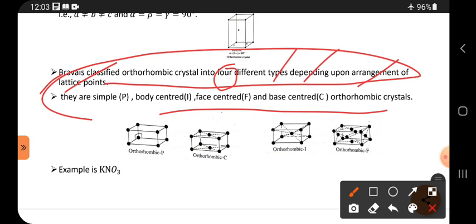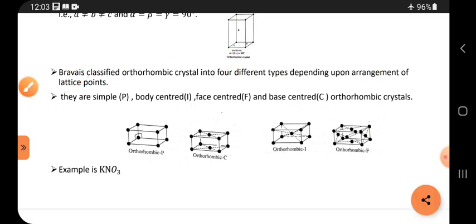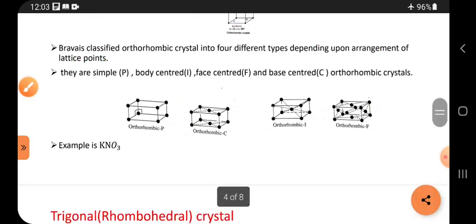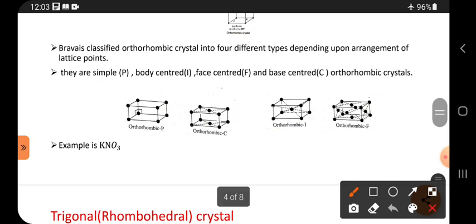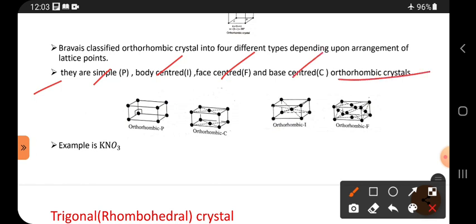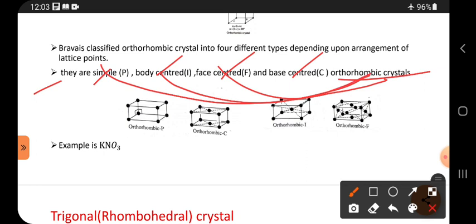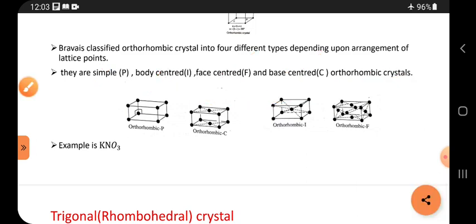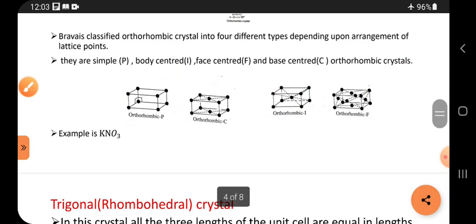So please keep it in mind while preparing. They are simple, body centered, face centered, and base centered orthorhombic crystals. Four different types are there, and a diagram is also given.